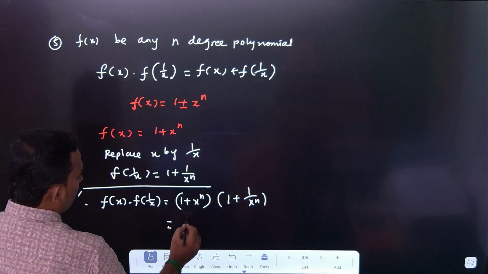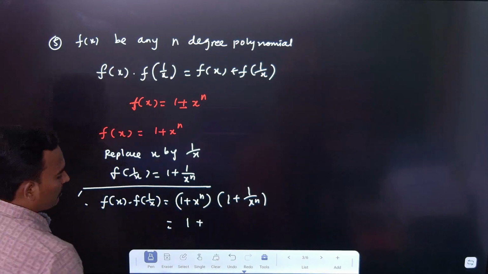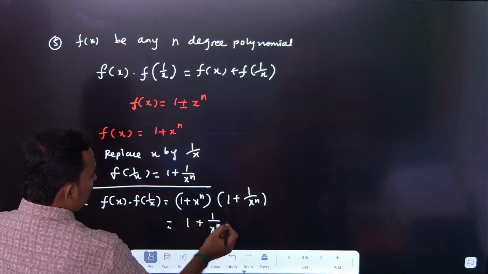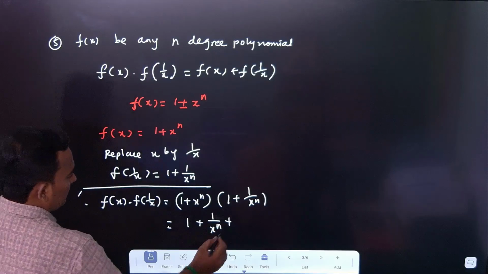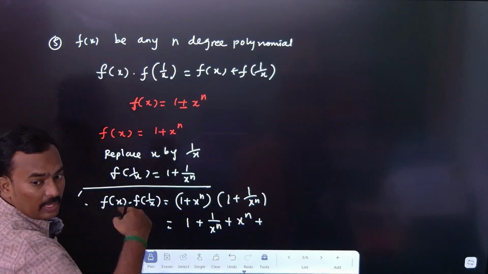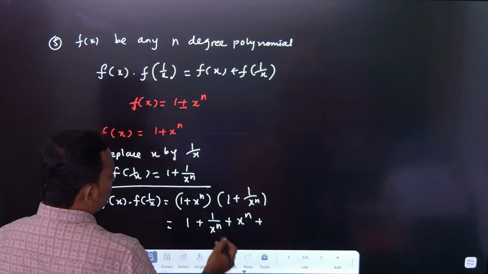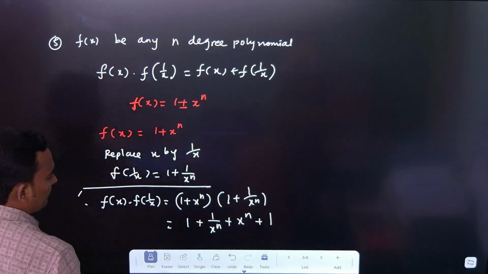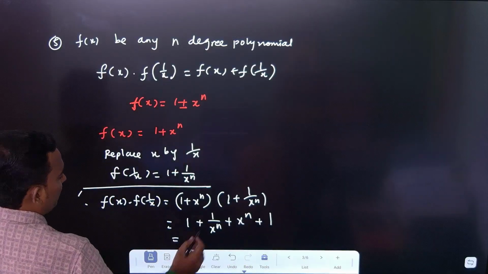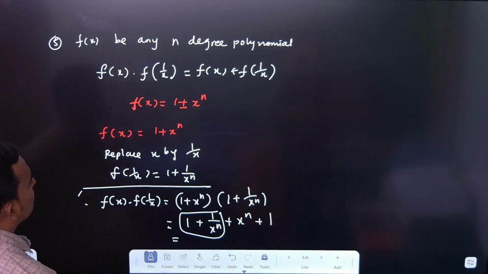Now you can multiply everything. 1 into 1, 1. So 1 into 1 by x power n, how to write? 1 by x to the power n, plus x power n into 1, x to the power n, plus x to the power n into 1 by x to the power n is what? X power n cancels, it will be 1 only. You can see 1 plus x power n, how to write here?